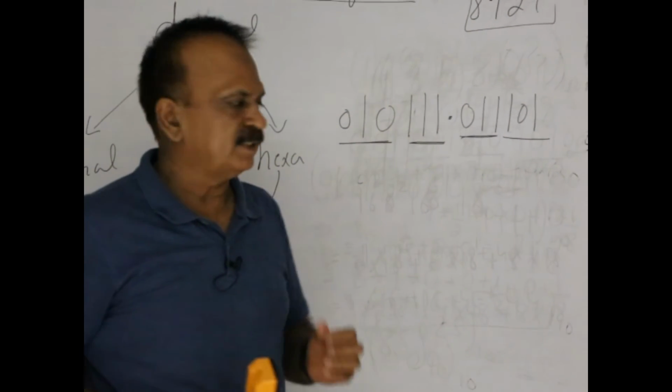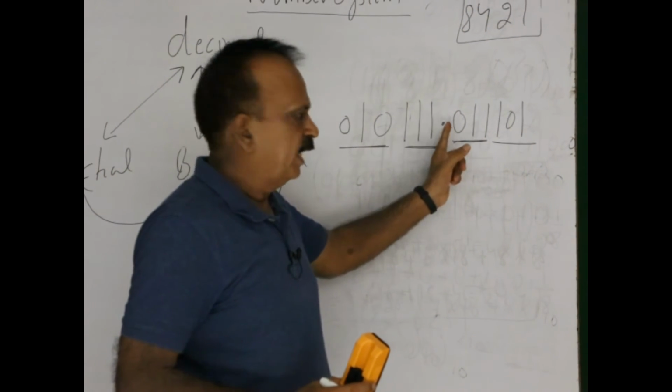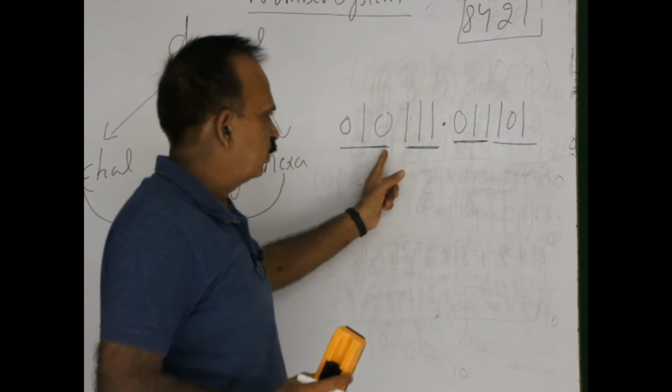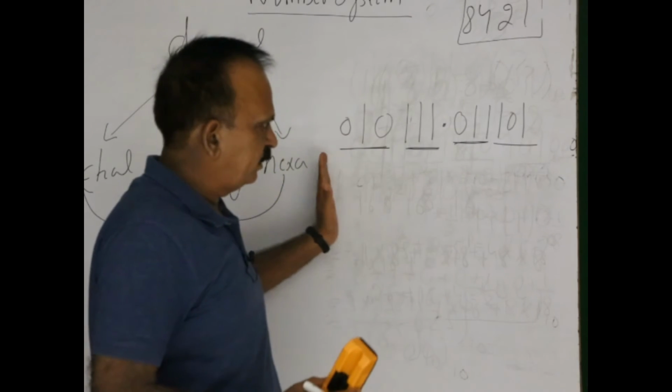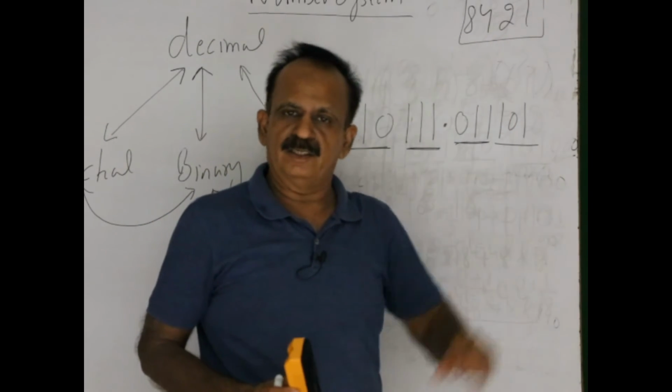So the procedure is to start from the decimal point and make 3-bit combinations of these digits, and add 0 at either end if it is required.